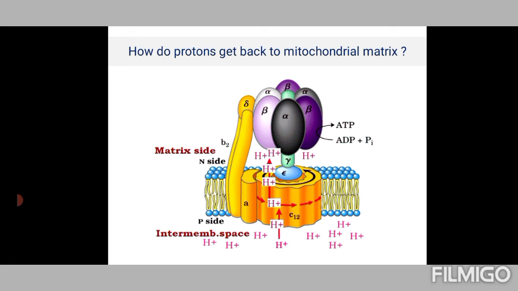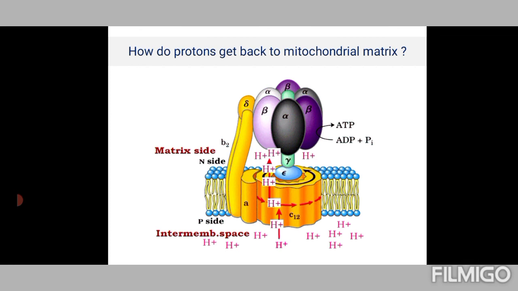Now, addition of acid to the external medium will reduce the pH of the cytosolic side, the P side. When acid is added to the external medium, the pH of the cytosolic side goes down. This is also found to generate ATP in mitochondria, even in the absence of electron transport.